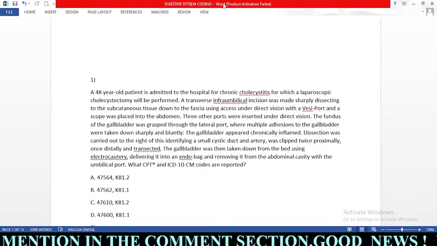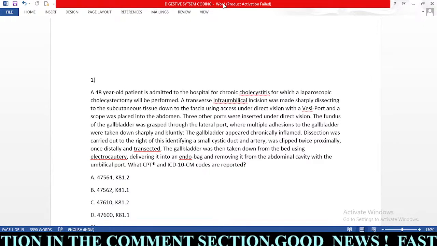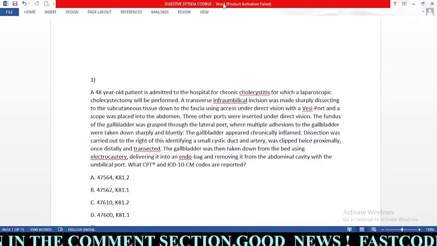So first, try to find the keywords here. Keywords are very important everywhere.